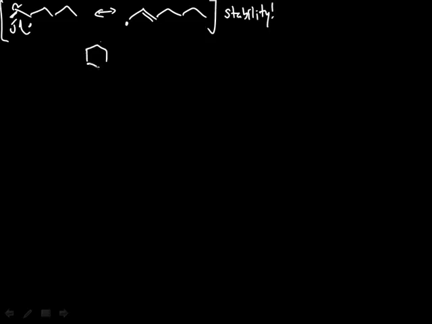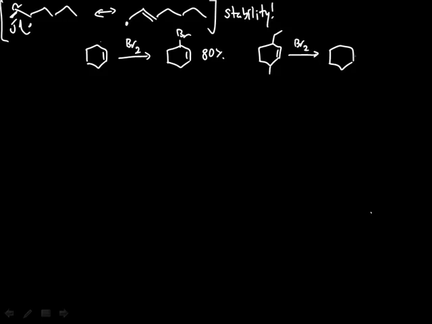In such cases, we can selectively get bromination in this position, in about 80% yield. However, if we have two allylic positions which are asymmetric, such as a methyl group here and a methyl group here, even though allylic bromination favors such positions, we will still get a mixture of about 1-to-1 of these two compounds, since the stability of the corresponding radicals is very complex.